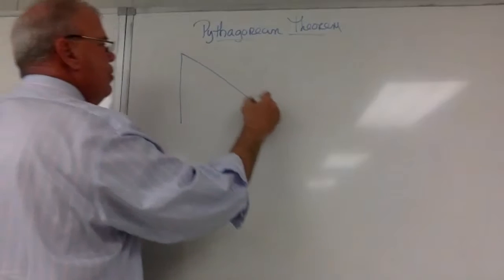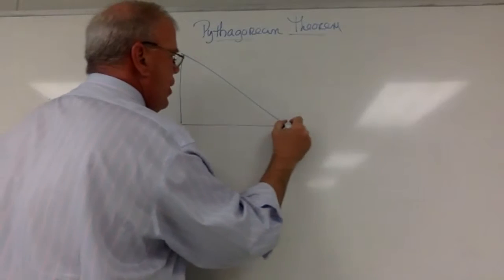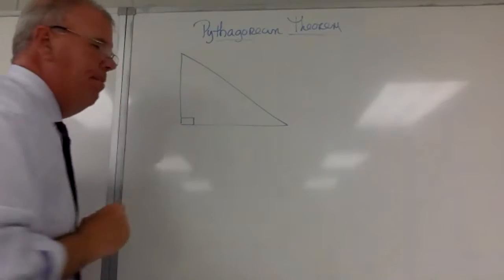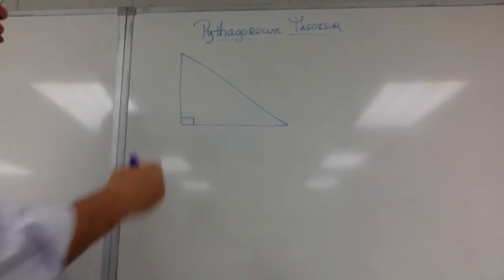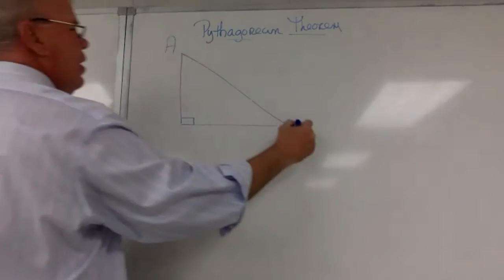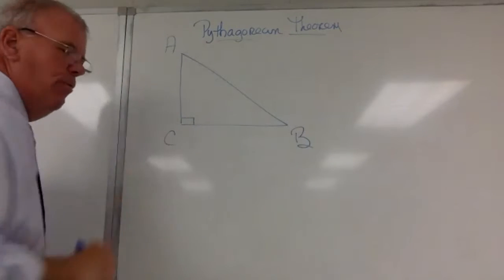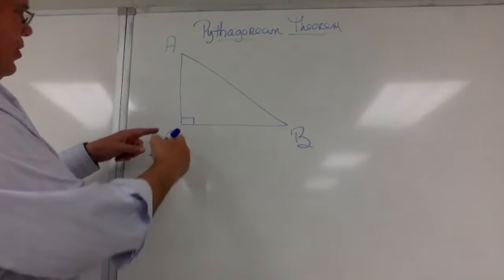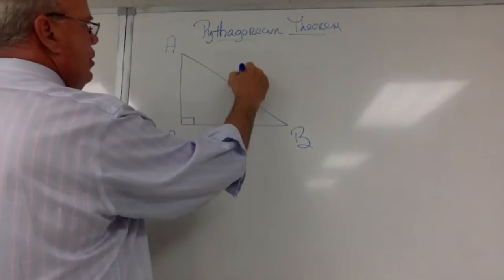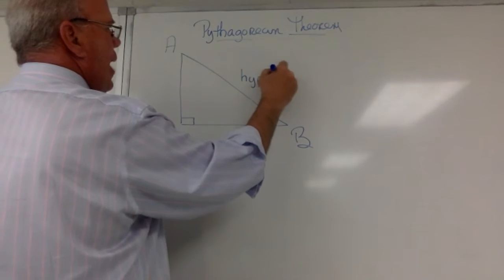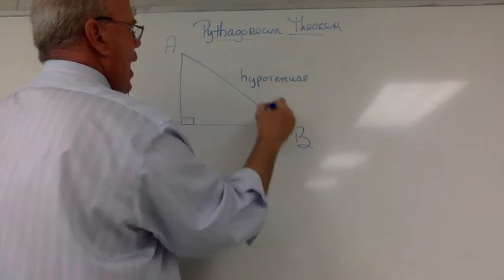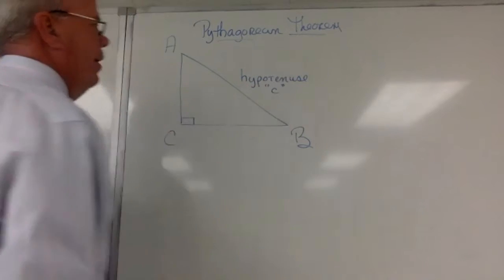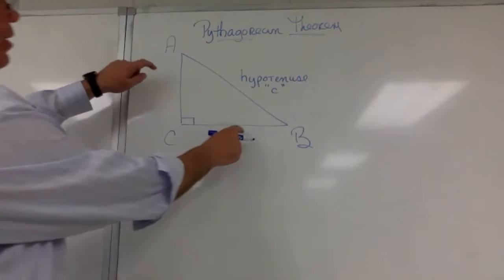It talks about the relationship between the legs and the hypotenuse in a right triangle, all right? So if you have a right triangle, the side opposite the 90-degree angle is called the hypotenuse, right? And we use C for that, right? What do you call these two things?